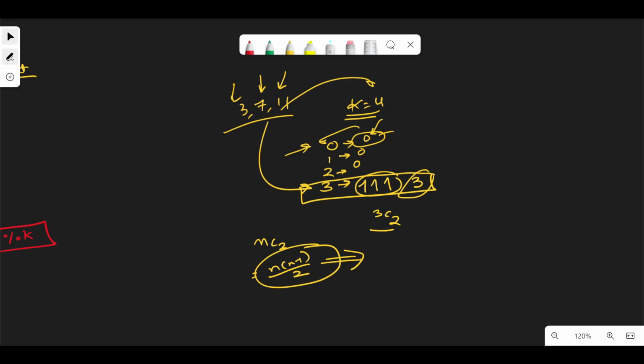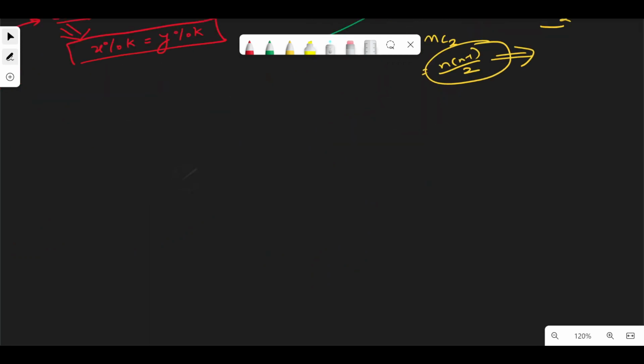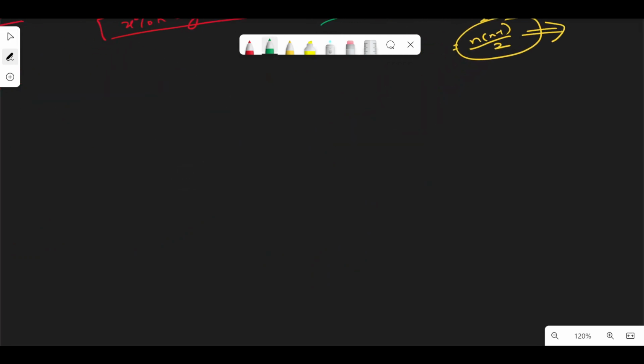Let's look at the second example to confirm. The second example that we are given is 1, 2, 3, and 4, and k equals 2. If k equals 2, that means the remainders can be either 0 or 1.